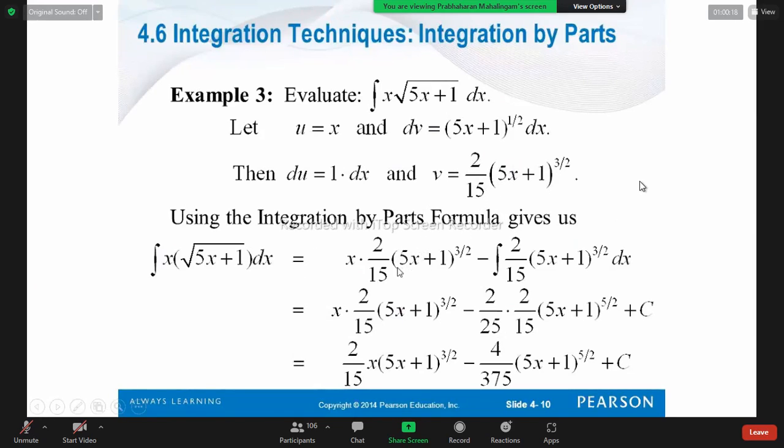Then simply, u is x, v is 2 upon 15 into (5x plus 1) cubed, minus integral v into du, 1. So here you want to integrate again, 2 by 3 into again 5, that is 15.